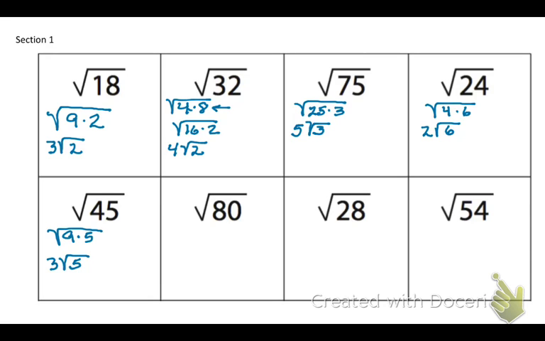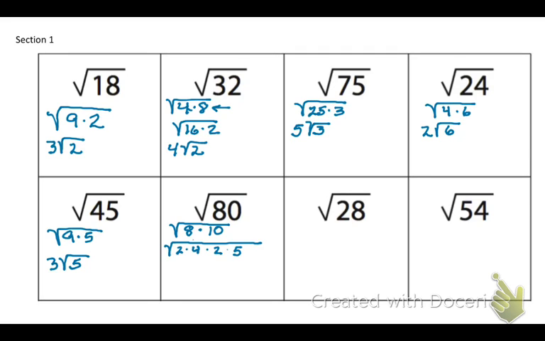Now 80, I'm going to do the longer way, just for purposes, because sometimes you won't always pick the best one. So square root of 8, square root of 10. We can't take those. Neither of those are perfect squares, so we have to factor. So 8 factors into 2 times 4, and 10 factors into 2 times 5.